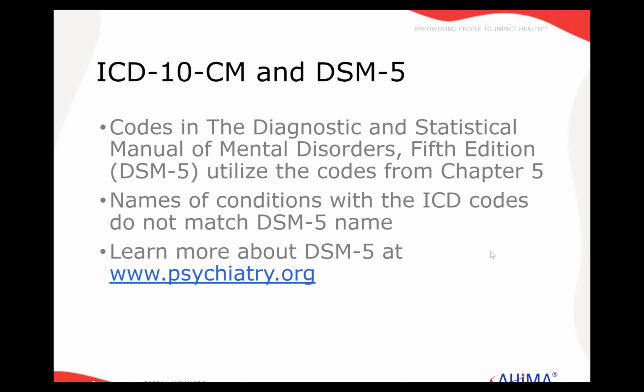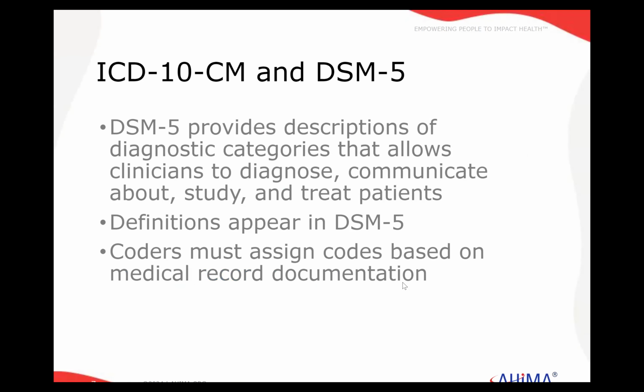If you're interested in DSM-5, you can look up psychiatry.org. DSM-5 provides descriptions and diagnostic categories that allow clinicians to communicate, study, and treat patients. There are different definitions in DSM-5, but having said that, the coders must assign the codes based on medical record documentation.